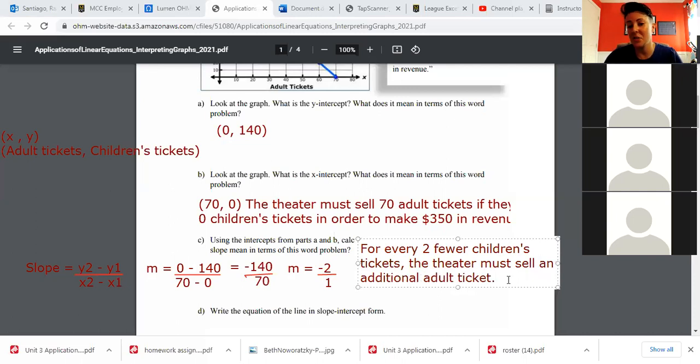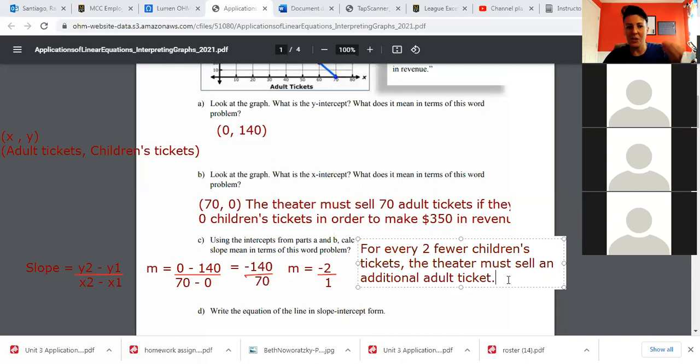And we could say an additional 1 adult ticket. You don't have to have that 1 in there. An additional ticket implies 1. So for every 2 fewer children's tickets, the theater's got to sell an additional adult ticket. And that's how they keep that $350 in revenue. They have to balance it out. Okay, that's what that slope is telling us.